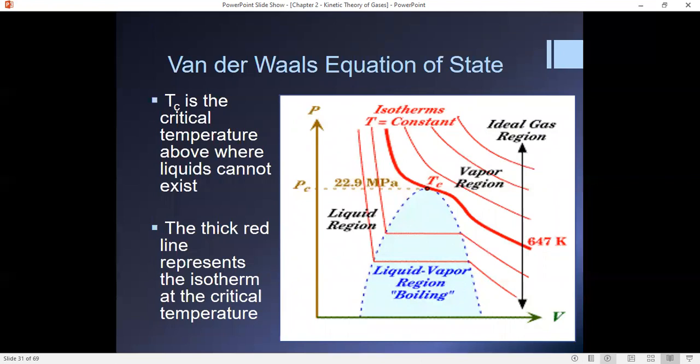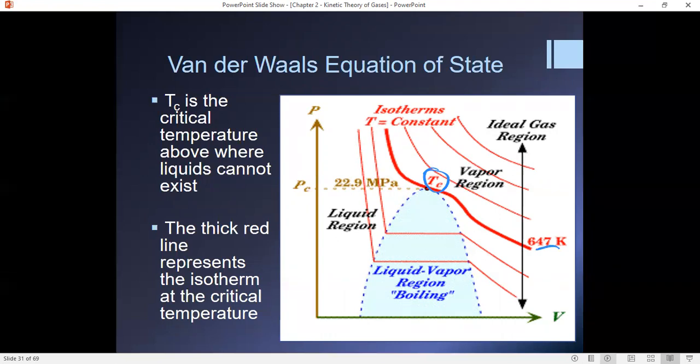And again, this is just another graph showing the same thing. By the way, TC on this phase diagram represents something called the critical temperature. Basically, at any temperature higher than the critical temperature, you can't have a liquid. In this particular case, this cannot be liquid above 647 degrees Kelvin, because essentially, the molecules are going to have too much energy for the van der Waals forces to hold them together into a liquid.